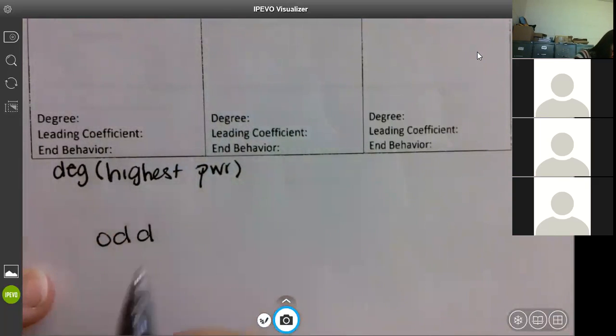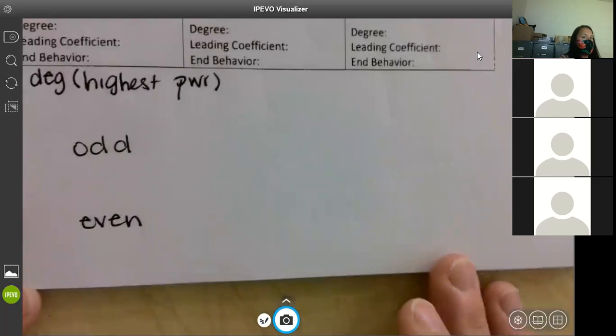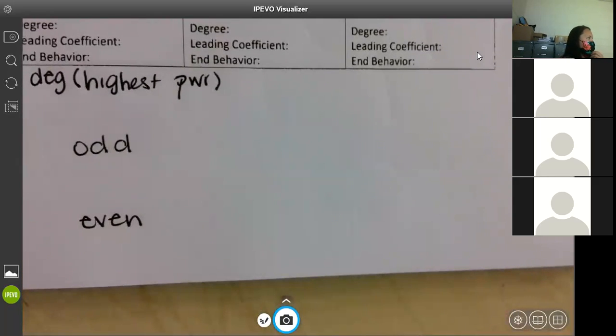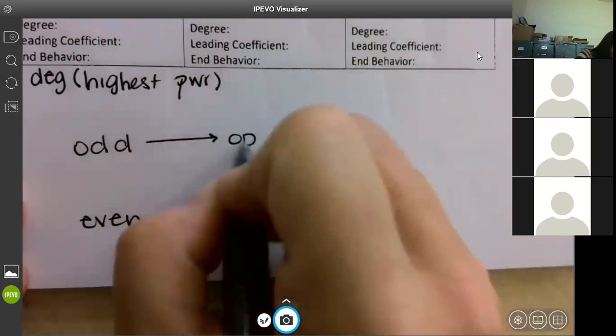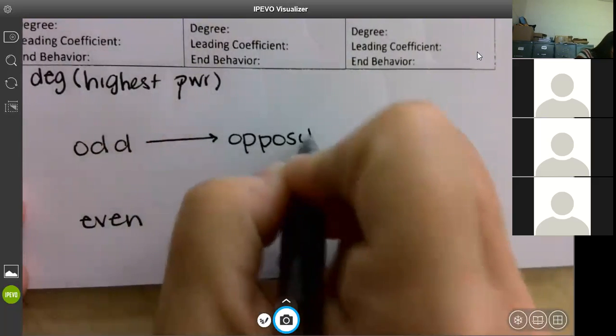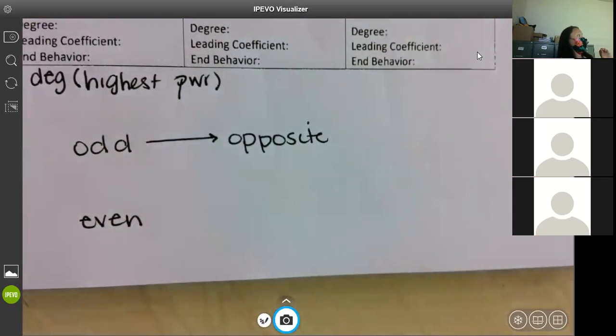It will be an odd number, or it will be an even number. Okay. Odd means opposite. What does that mean? If it's an odd power, like we just got a 3, an odd degree is 3, that means it points in opposite directions, okay? So they don't both point up and they don't both point down, they point opposite. Doesn't matter which way, they just point opposite.